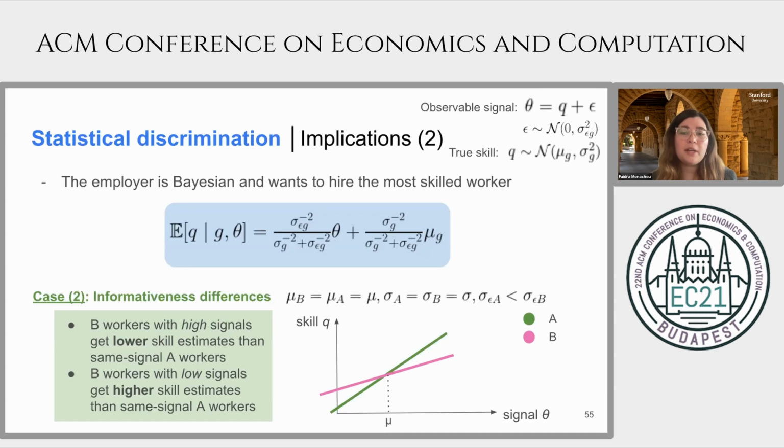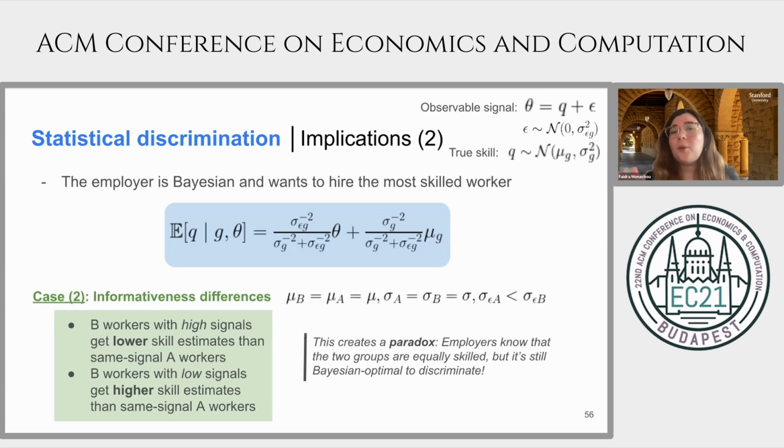So we see that workers with signals below and above this mean will be treated differently depending on their group. Specifically, B workers with high signals will get lower skill estimates than same signal A workers. And the opposite will happen for B workers with low signals, who will now get higher skill estimates than the same signal A workers.